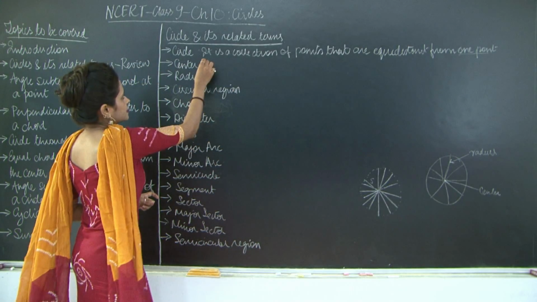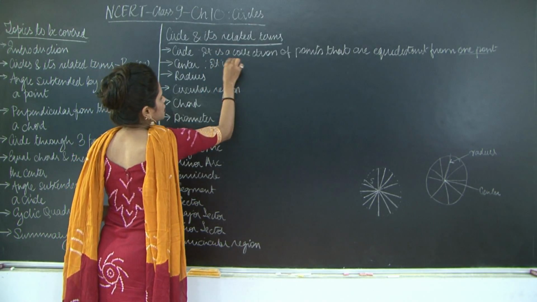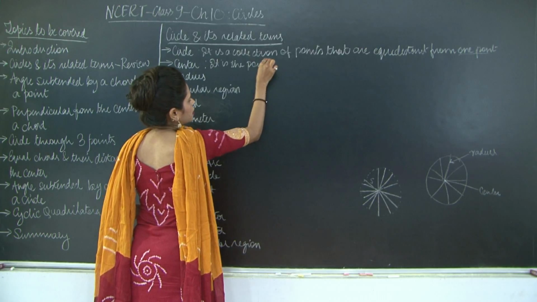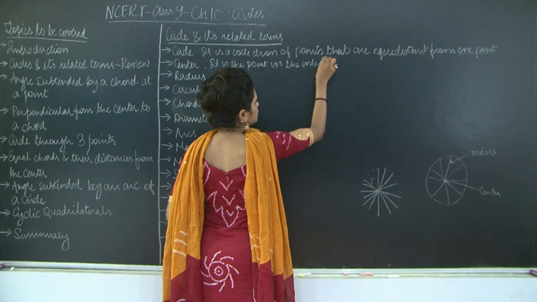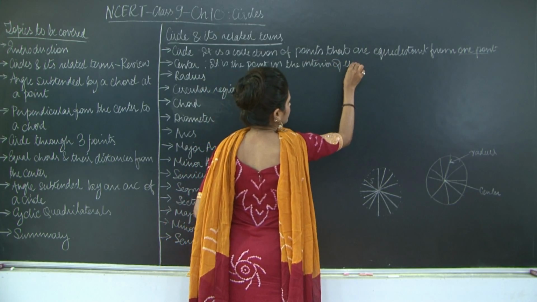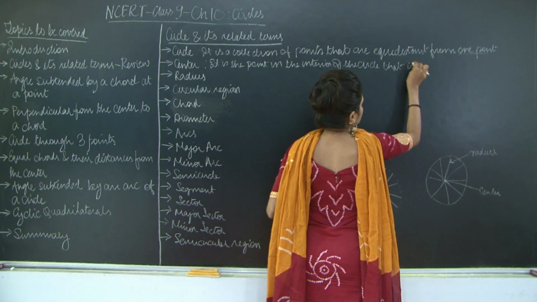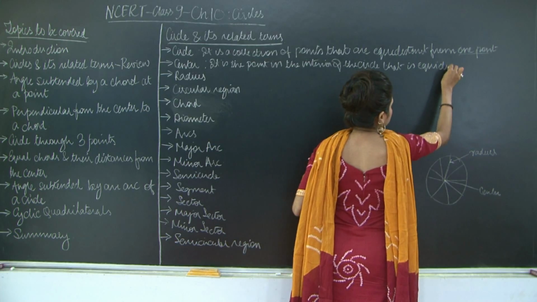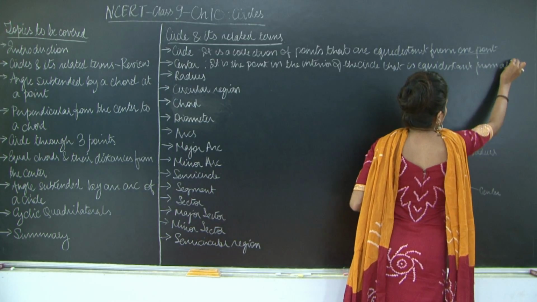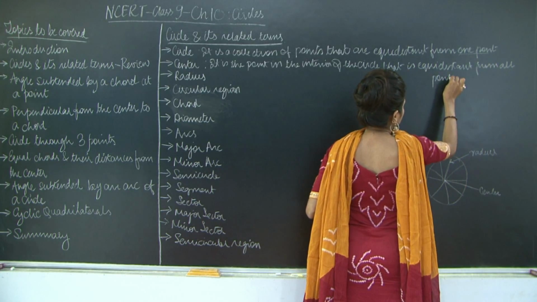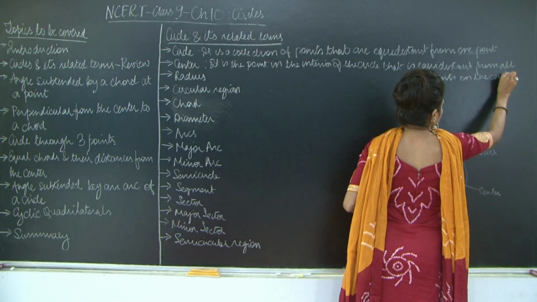Okay. So the center, it is the point in the interior of the circle that is equidistant from all points on the circle, right?